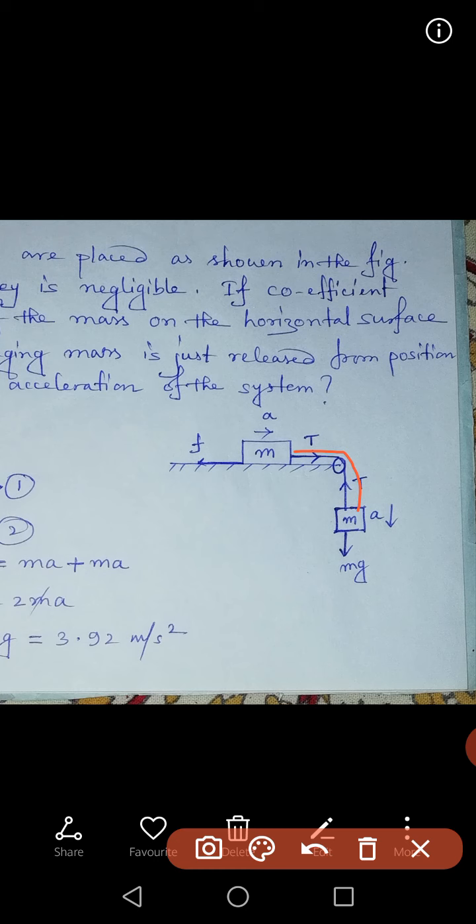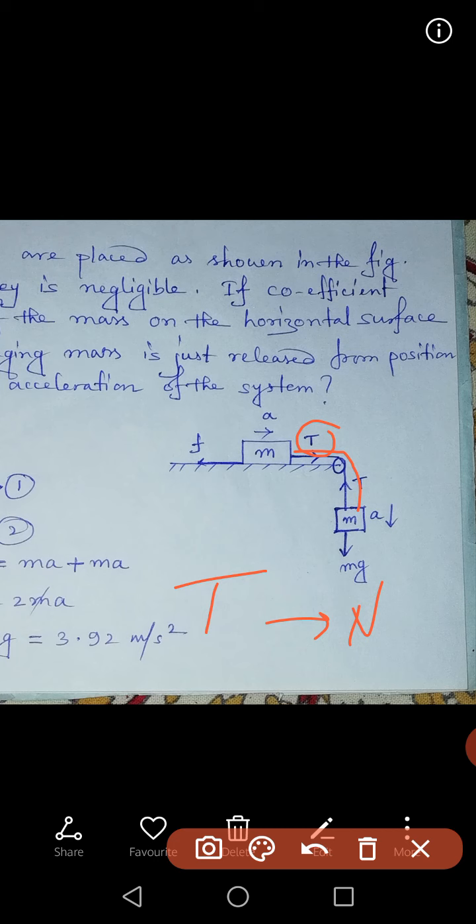We call it tension. T means tension. Tension is a kind of force, so its unit is Newton, and it arises in a string when it is stretched or pulled from both ends. Or maybe one end of the string is fixed and the other end is pulled. In that case also some tension will be generated in the string.